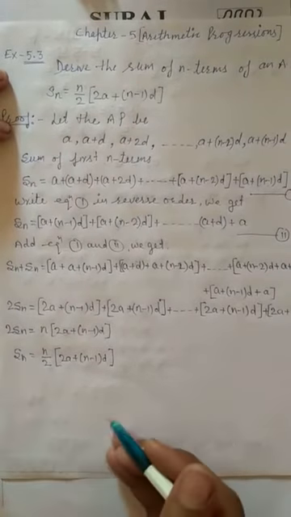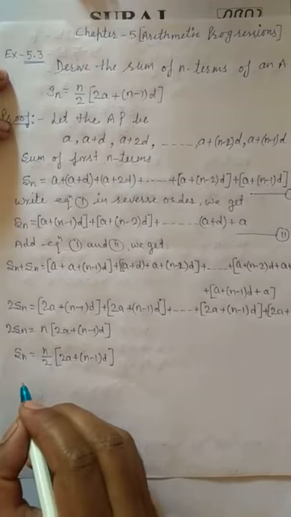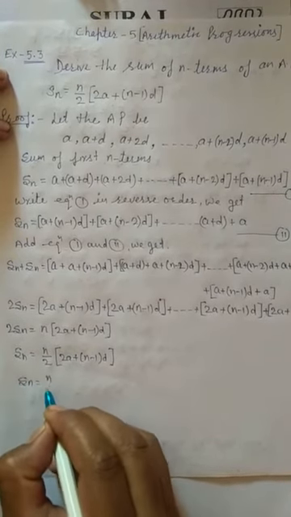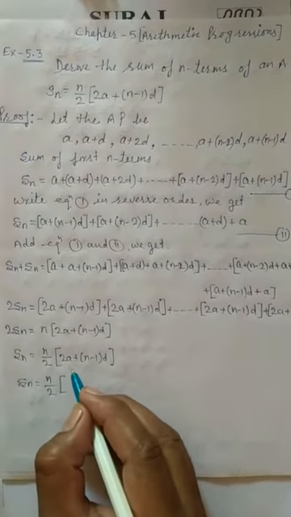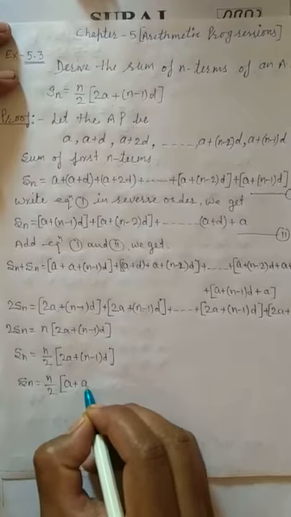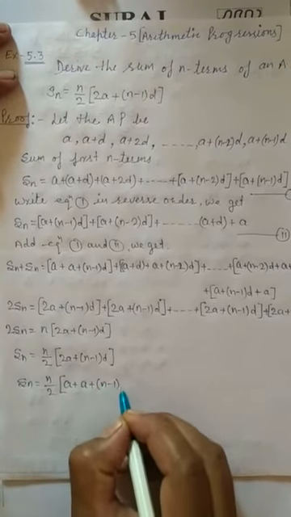Okay, students, let's see. Next, again we write Sn is equal to n upon 2 in bracket 2a, and 2a is broken into a plus a, plus n minus 1 into d.